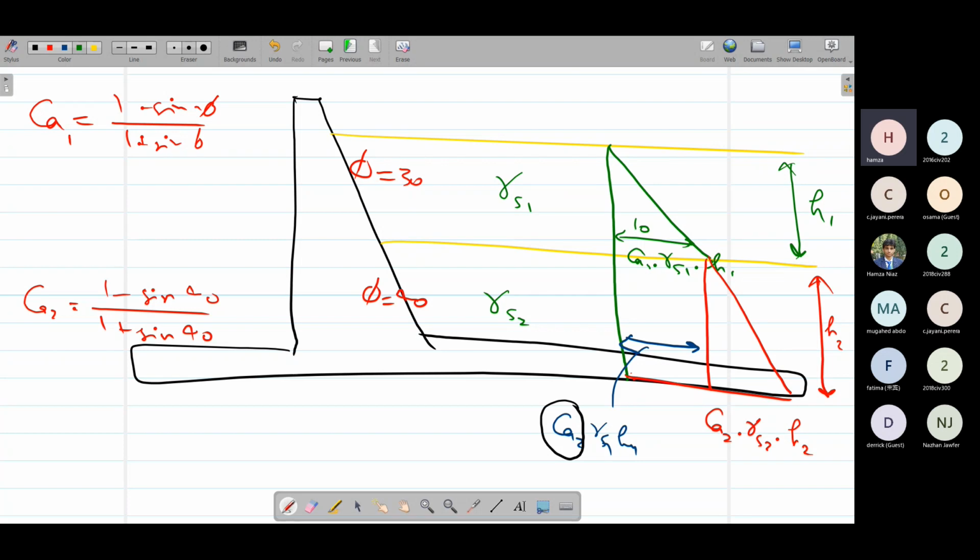On the bottom, suppose CA1 was 1, and CA2 is 0.8. So if the pressure on top was 10, now the pressure at the bottom would be times 0.8, so it would decrease to 8. So this way we have to take these different values.